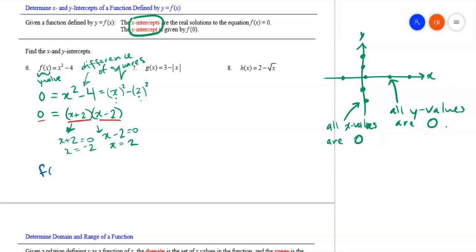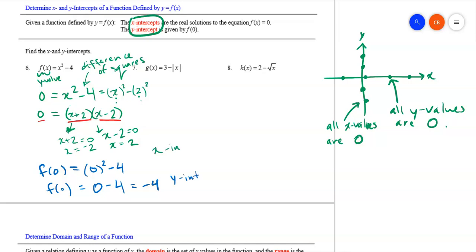We'll say f of 0 is, in this case, 0 squared minus 4. And since we're plugging in 0 for x, whatever we get as the y value, that will be the y-intercept. And so f of 0, which is the y-intercept, is 0 squared, which is 0, minus 4. 0 minus 4 is negative 4. So this is the y-intercept.